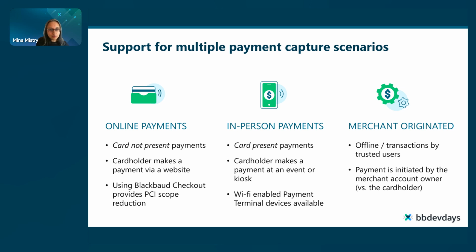So we have the payment terminal device, for example, that you can use at a point of sale or for taking ticket sales at an event. And then we also support these merchant-originated transactions, which essentially looks like posting recurring payments, for example, through the API. So those are all possible. If you have questions on any of those other use cases, feel free to just let us know.